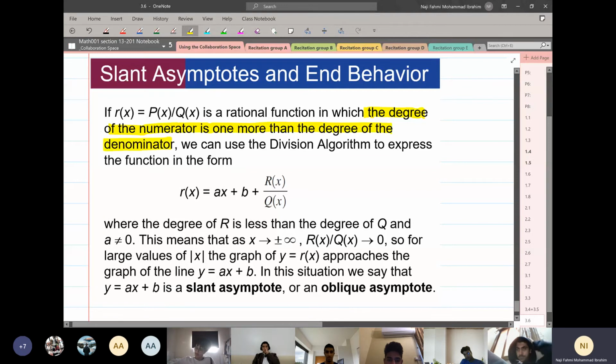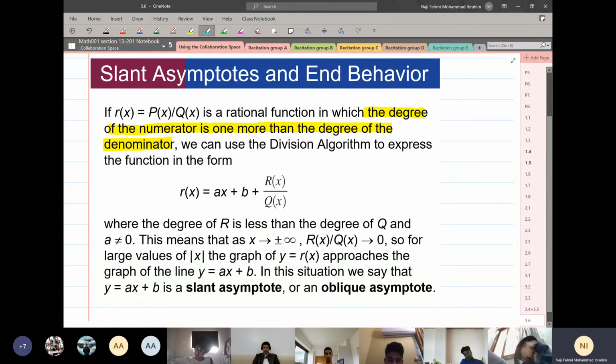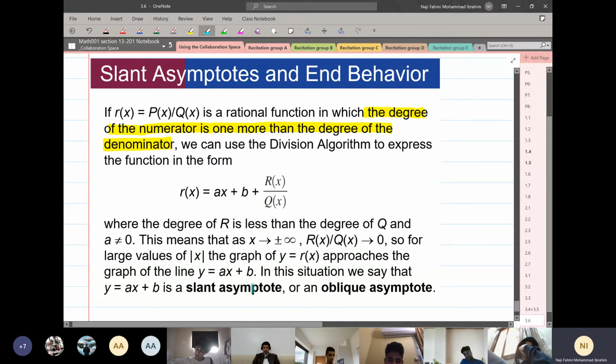If this happens, the rational function will have something called a slant asymptote, or sometimes we call it an oblique asymptote. Slant in Arabic means ma'il.